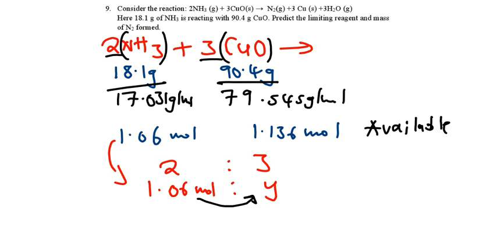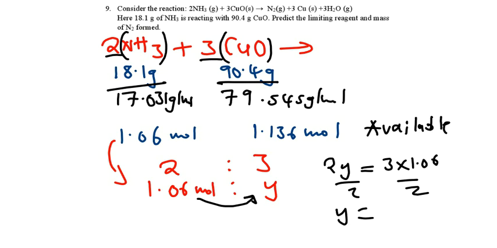So cross multiply using the ratios. You end up with 2y being equal to 3 times 1.06. Divide by 2: y is 3 times 1.06 divided by 2, which is 1.59 moles. Now we have to understand this value we found.